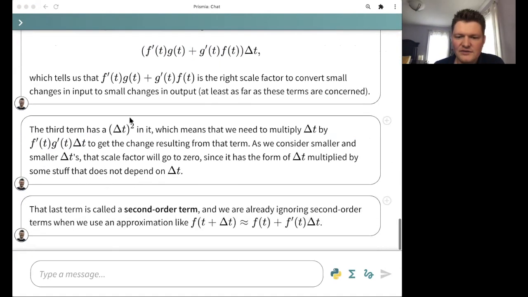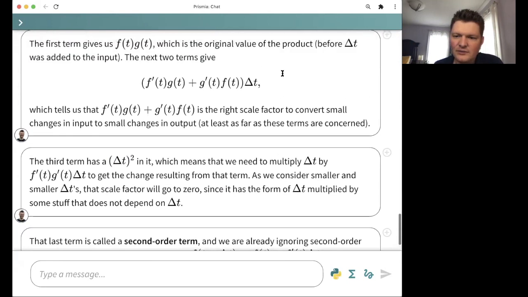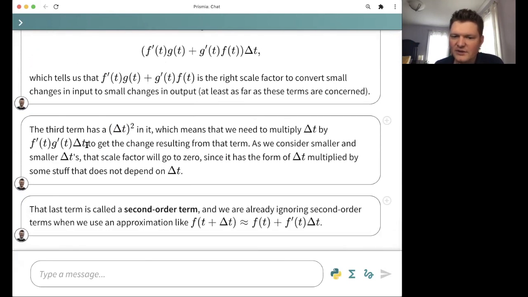Incidentally, this idea of a term that has the square of the change of input in it, so it's some stuff that doesn't depend on delta t times delta t squared, that's called a second order term. We ignore this one here for reasons I just explained, but also when we write down this approximation, we're already ignoring second order terms.